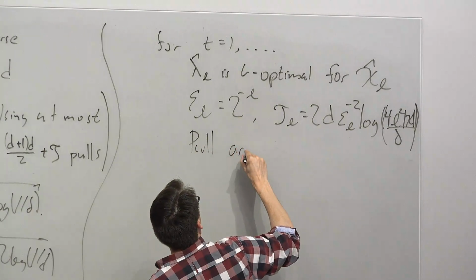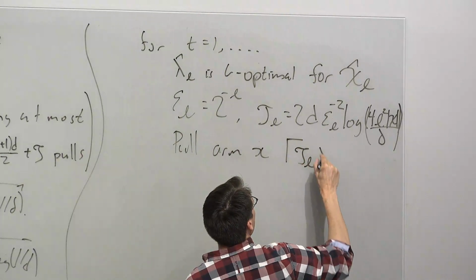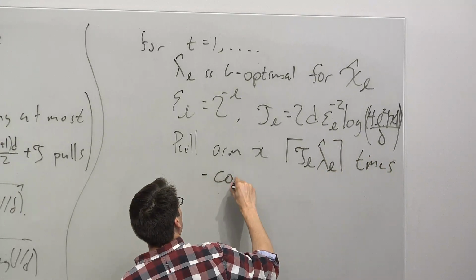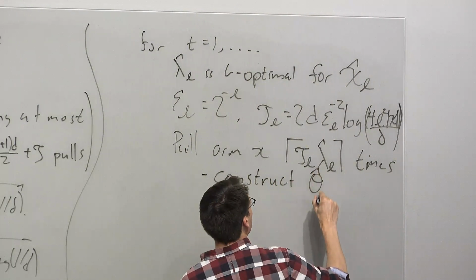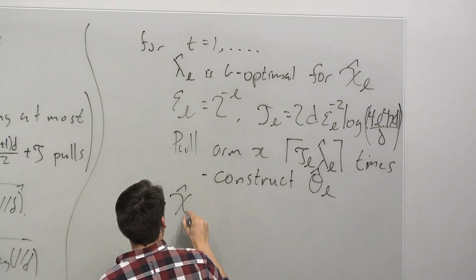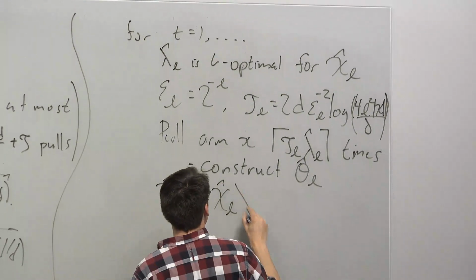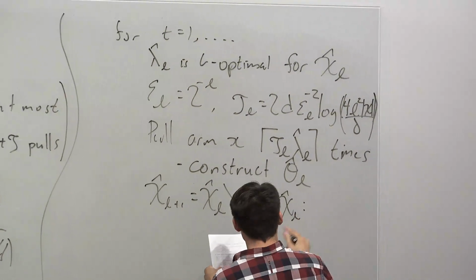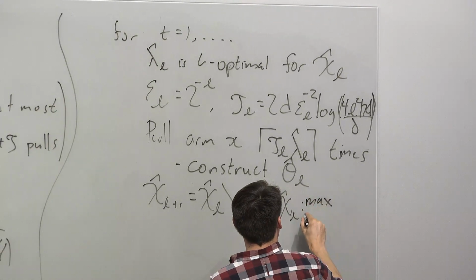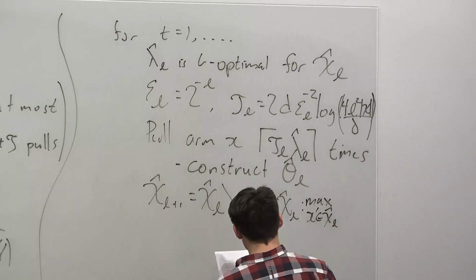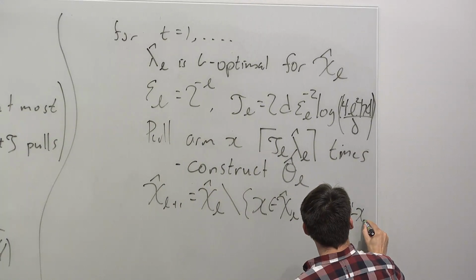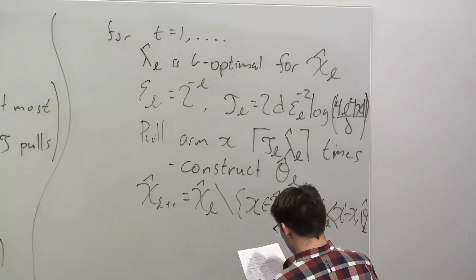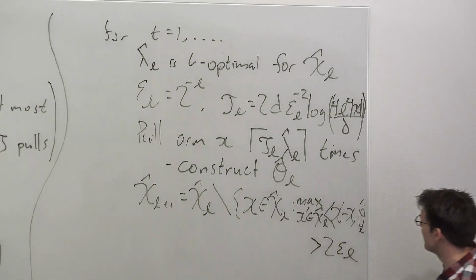Pull arm x tau L lambda L times, construct theta hat L, and then X hat L plus 1 is equal to X hat L set minus x in X hat L such that the max over x prime in X hat L of (x prime minus x) theta hat L is greater than 2 epsilon L. It's the exact same condition as last time.